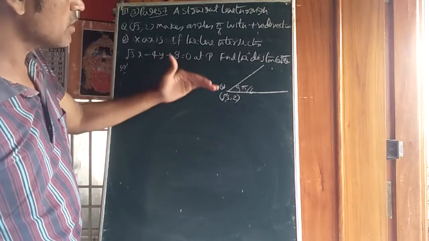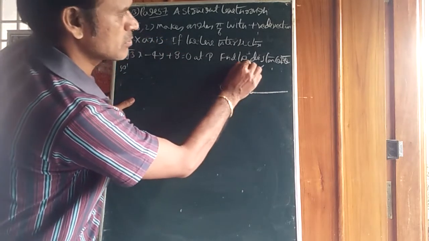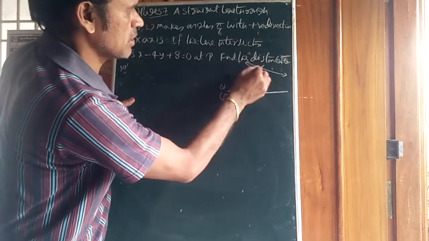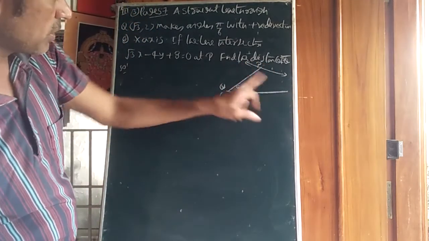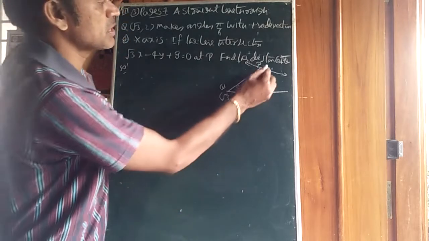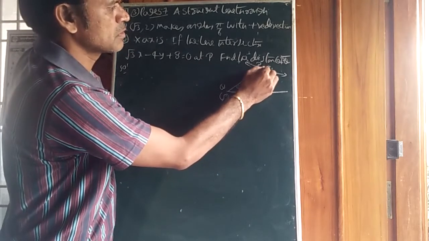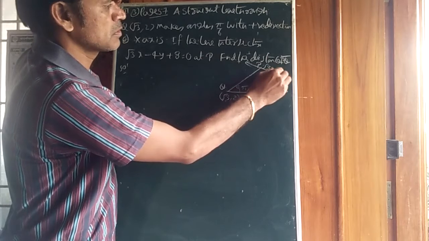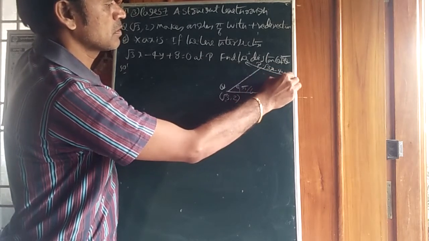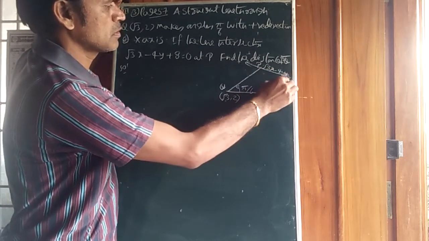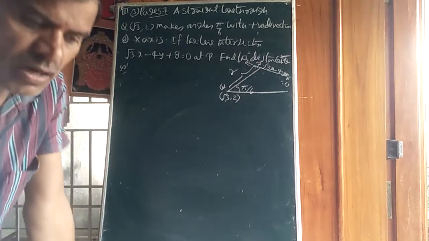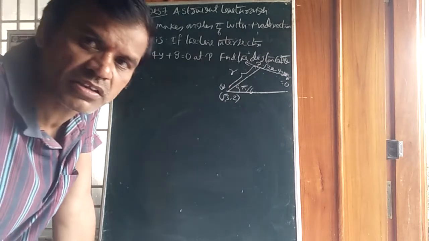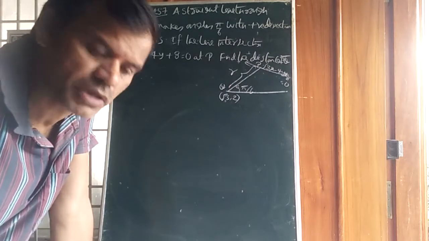If this line intersects another line at P, this is root 3x minus 4y plus 8 equal to 0. We need to calculate the distance PQ.